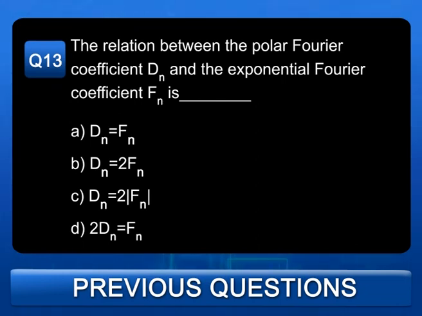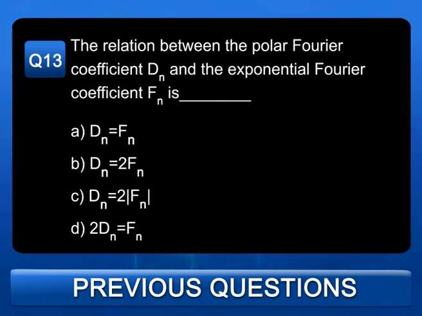Okay. Choices are A, dn is equal to fn, that is, the polar Fourier coefficient is equal to the exponential Fourier coefficient. The second choice is the polar Fourier coefficient is equal to twice the exponential Fourier coefficient, that is, dn is equal to 2 fn.